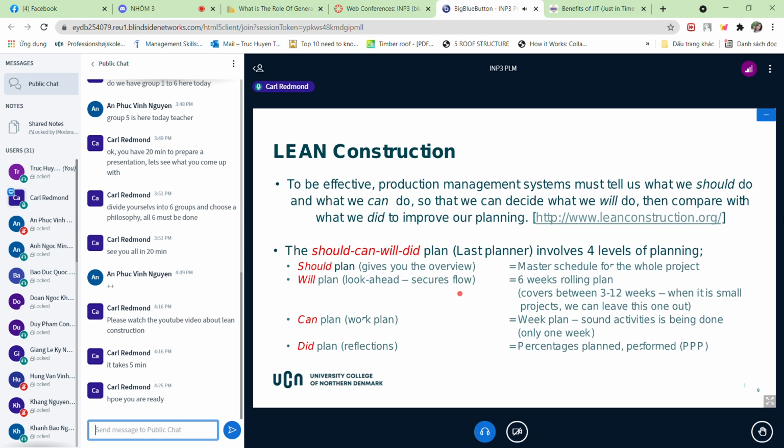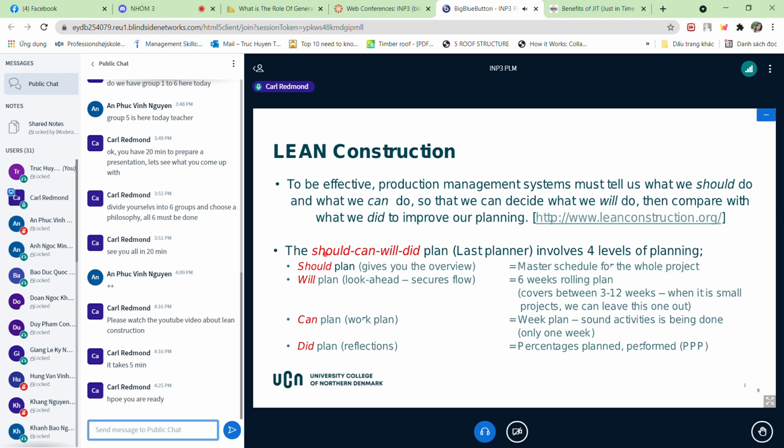And you can look at this homepage about lean construction, not now. And then we go into some different areas here, where we have this Last Planner, what we call the should, can, will, did plan. It includes 4 levels of planning. Now this is something I want you to use in this semester from today, actually.